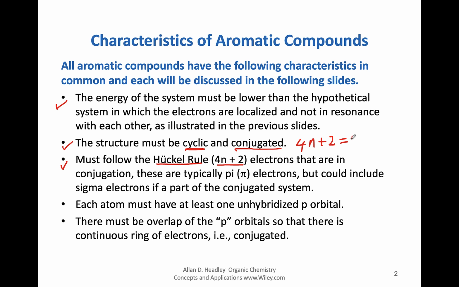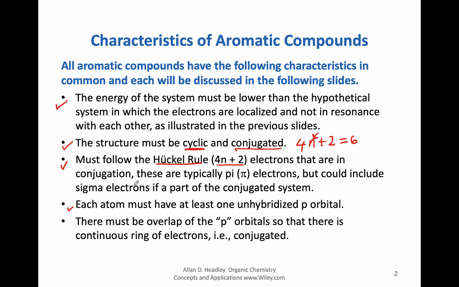So if it's 6, for example, you put 6 there and you solve for n. If n is an integer, such as 0, 1, 2, 3, a counting number, the system has passed Huckel's requirement. If it's not an integer, such as 1.5 or 2.5, it fails Huckel's requirement for being aromatic, and hence the molecule is not aromatic.